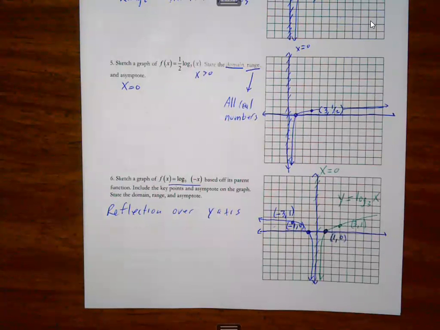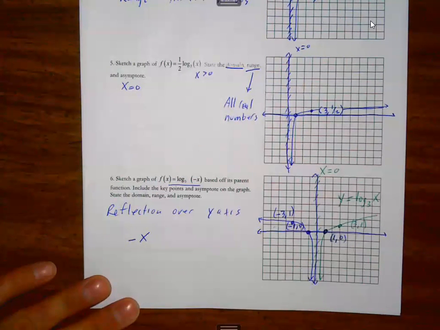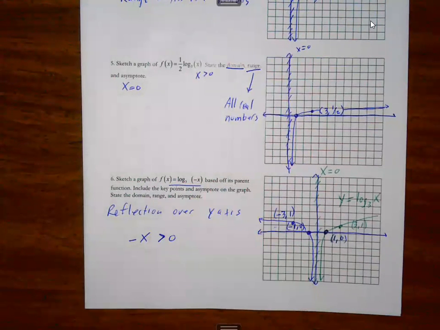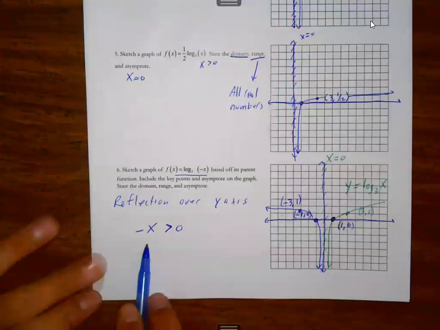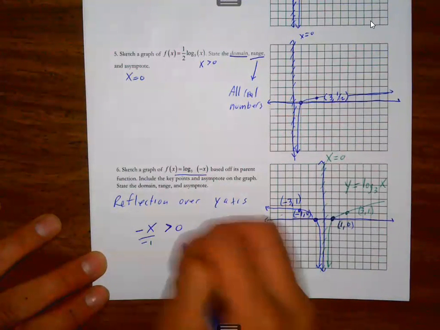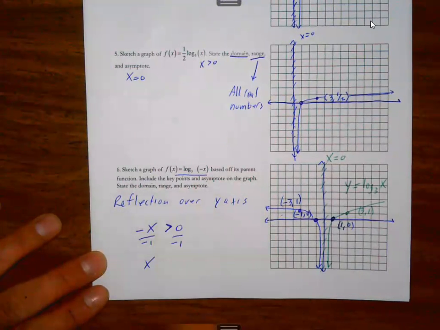So we got the key points. The domain now is going to be the opposite of what it was. All right, now we're taking the log of negative x. So negative x has to be greater than 0. So what would I have to do if I was solving for x? If I need to get x alone, I would have to get rid of this negative, right? So you could divide by a negative. But what do I have to do with inequalities when I divide by a negative? Flip the sign.